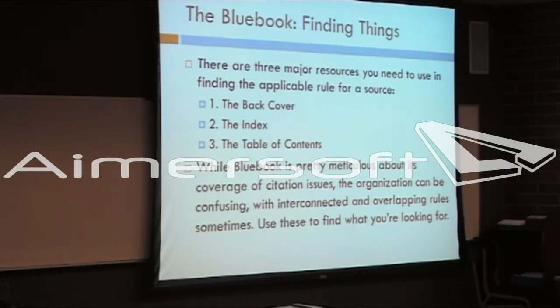The back cover, I think I used it last year when I was starting off. I haven't really used it since then, but it might be a helpful way to start off too. And then definitely the table of contents, like in any manual, is really helpful. Yeah, other than that, just kind of get familiar with it, kind of look at the structure. There's really not that much more to it at this point.